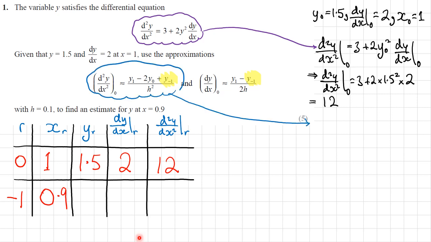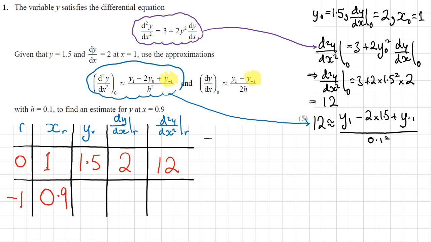Now I'm going to use this approximation here, so d squared y over dx squared at 0, well that's 12, I've got that. So I'm just substituting in, is approximately y1 minus 2y0, so that's 2 times by 1.5, plus y sub minus 1 all over h squared, so that's going to be 0.1 squared.